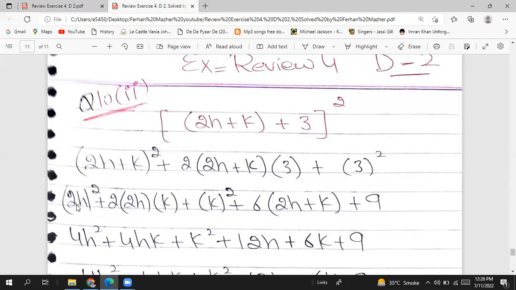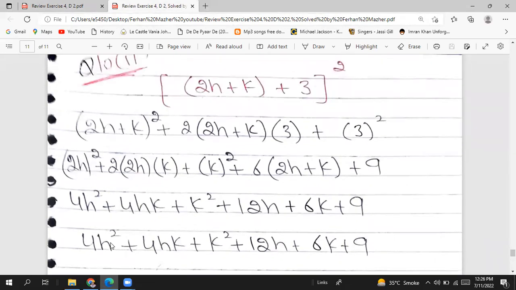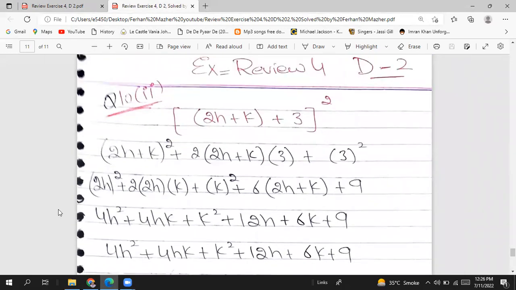When I open it, it will be 2h whole square plus 2 into 2h into k plus k square, plus 6 into (2h plus k) plus 9. So it will be 4h square plus 4hk plus k square plus 12h plus 6k plus 9. So this is how you do question number 10 and its second part.